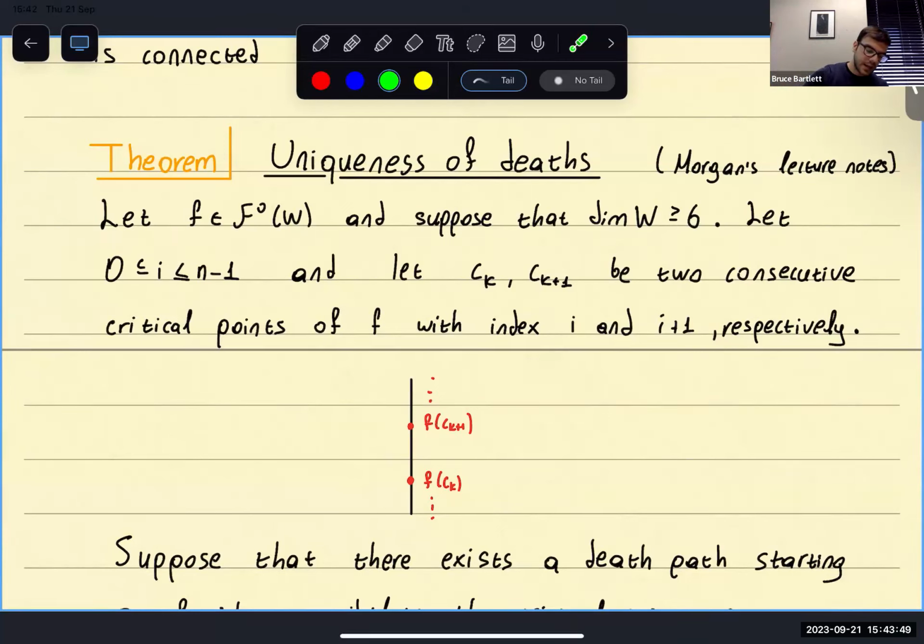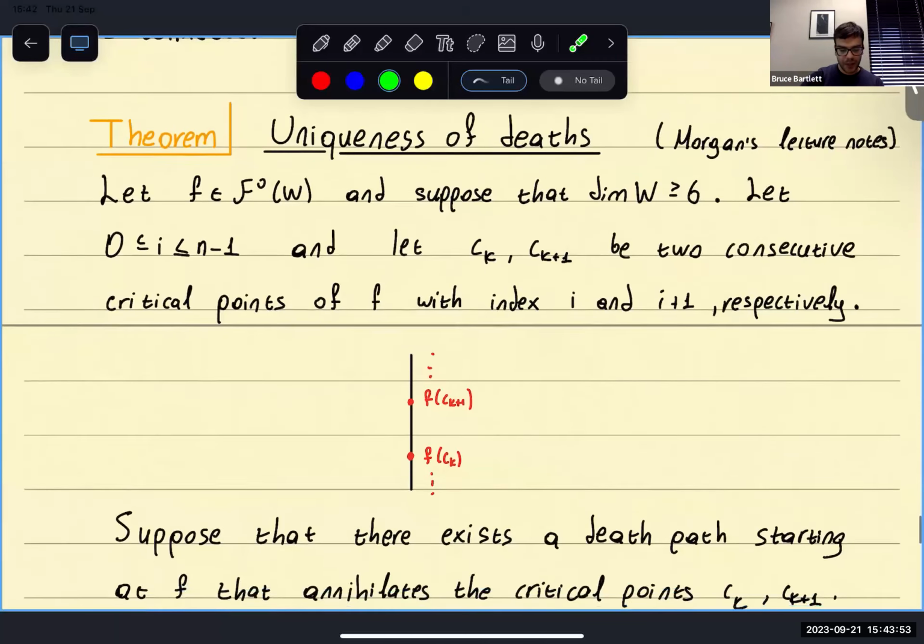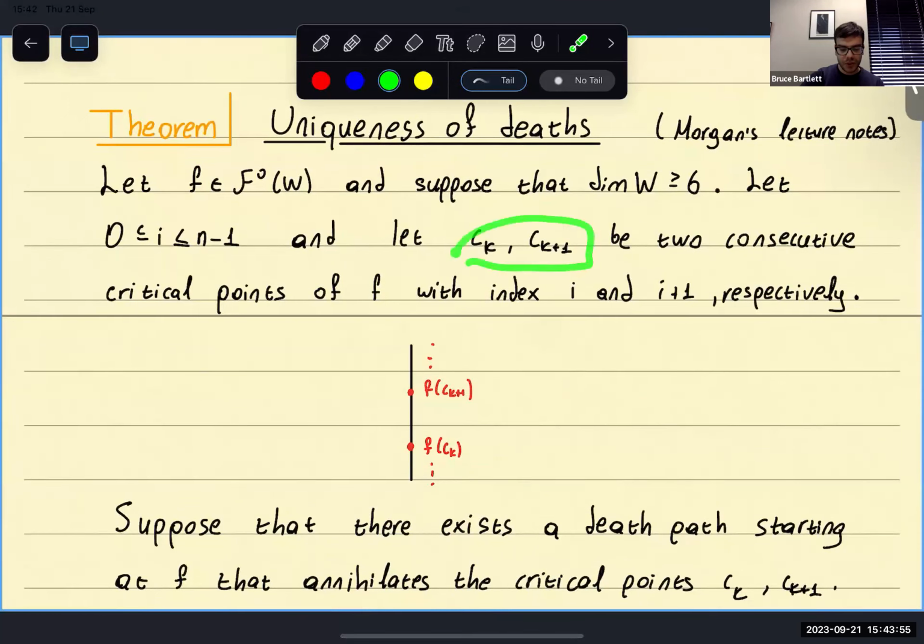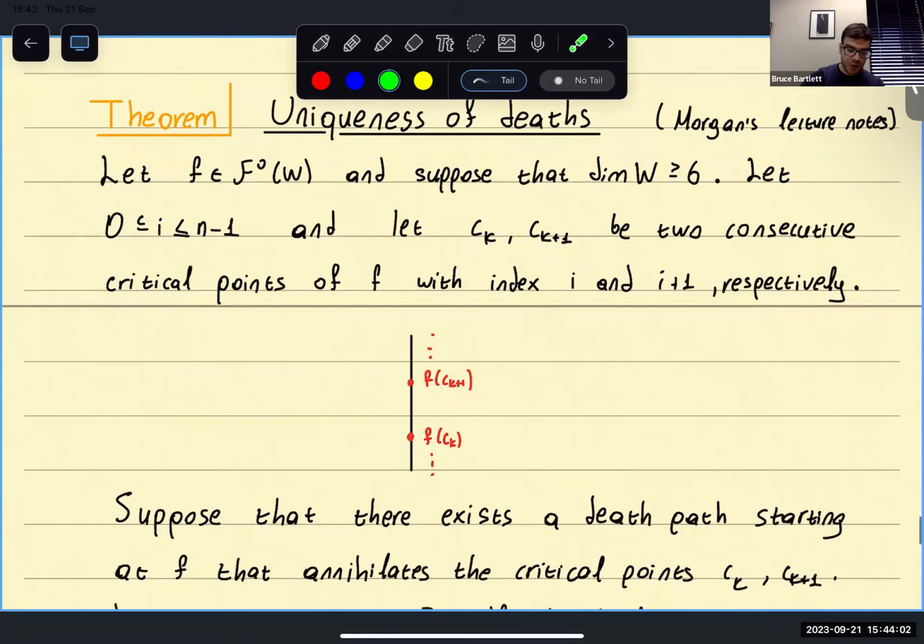Now, if I take some integer i between 0 and n-1, and I have two critical points, c_k and c_{k+1} of f, which are consecutive critical points, so their critical values are ordered one after the other, and the critical points have index i and index i+1.